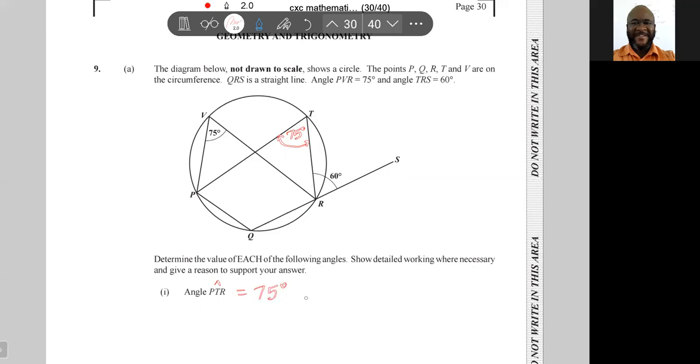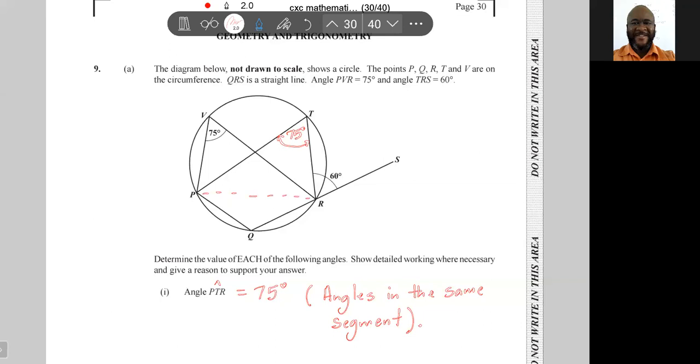And what is the reason? Angles in the same segment. I would have told students, you need to develop the ability to see the theory in the question. PR is a chord.